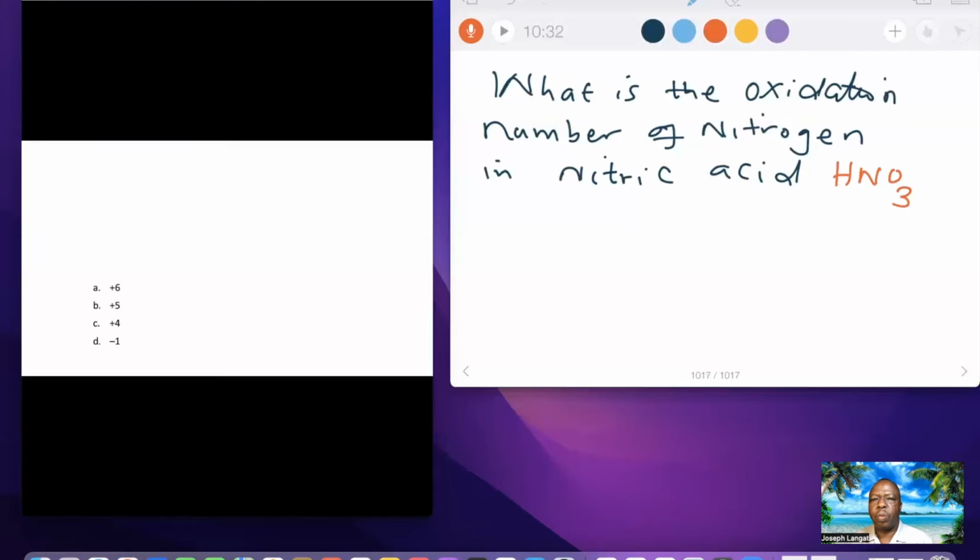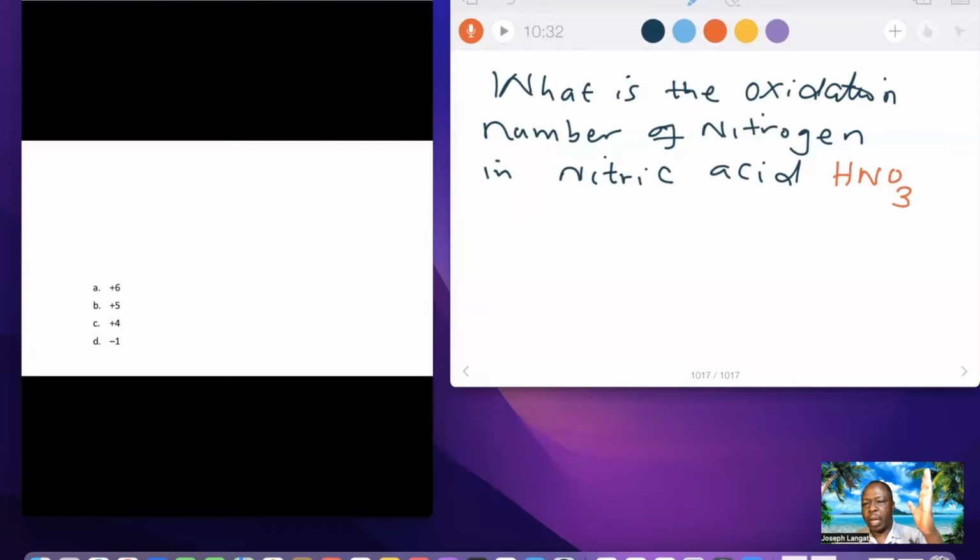So always, when you have three elements, the last in the chemical formula takes first priority in assigning the oxidation number, based on the rules we looked at previously, as if it's a single element or in a compound, it corresponds to the charge.